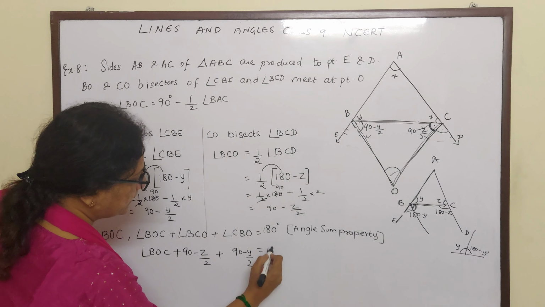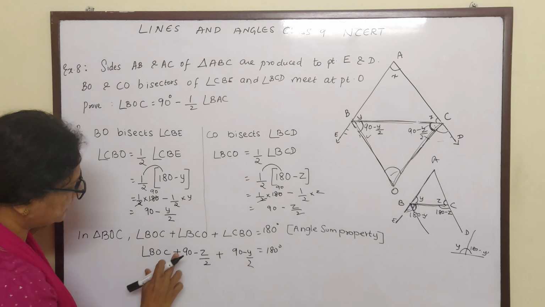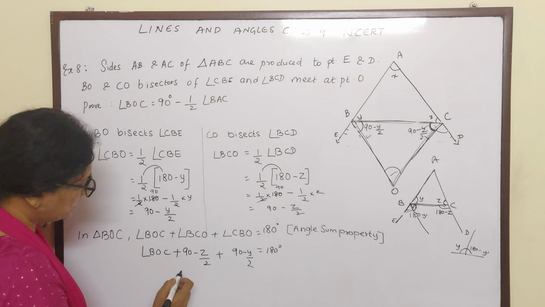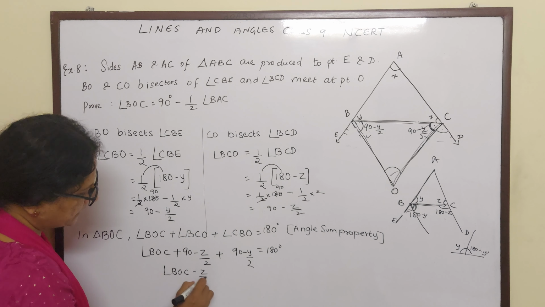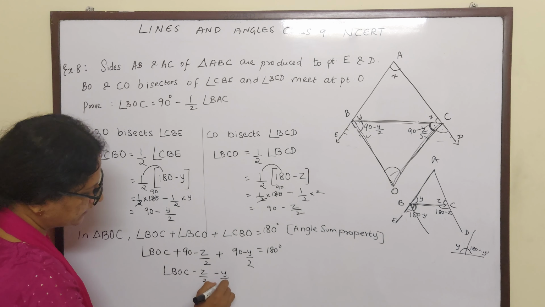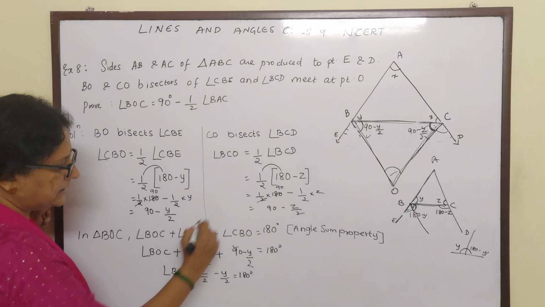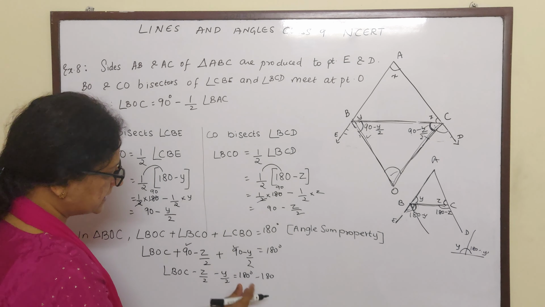This is equal to 180. Now what is 90 plus 90? 180. So this 180, when it goes to the other side, becomes minus 180. So angle BOC minus z by 2 minus y by 2 equals 180 minus 180, and 180 minus 180 is 0.